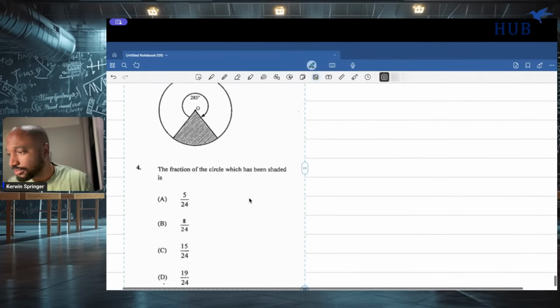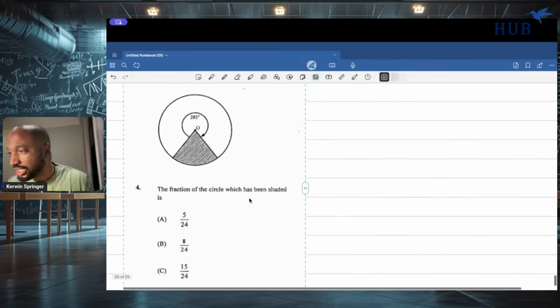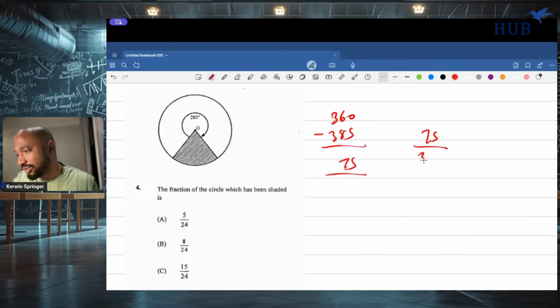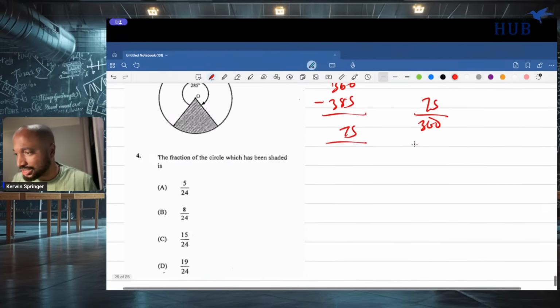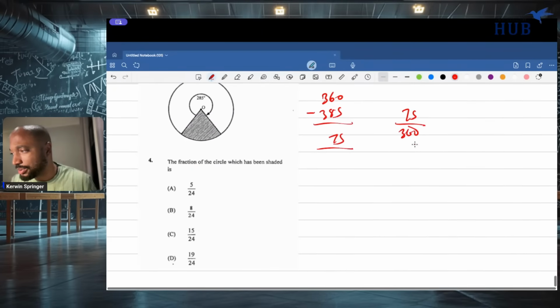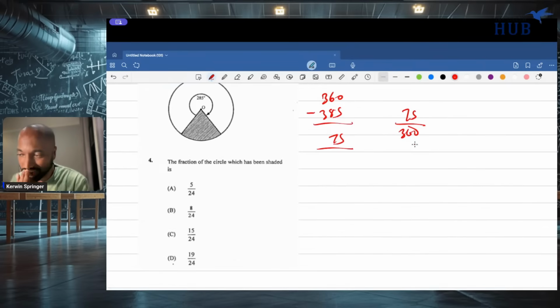The fraction of the circle which has been shaded, so we need to do a little subtraction here. 360 minus 285. Let's go back and add 15 and 60. So 75 out of 360. I know there's a nice breakdown there. Break that down for me and see how much I get. 8 out of 24?